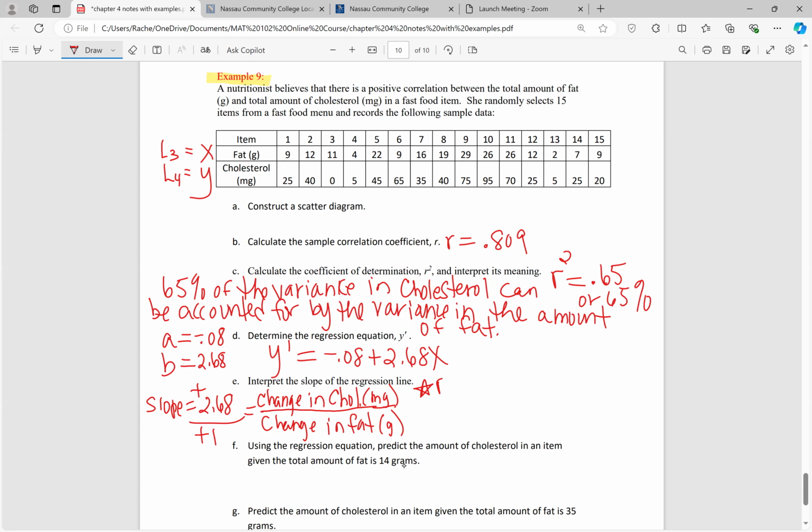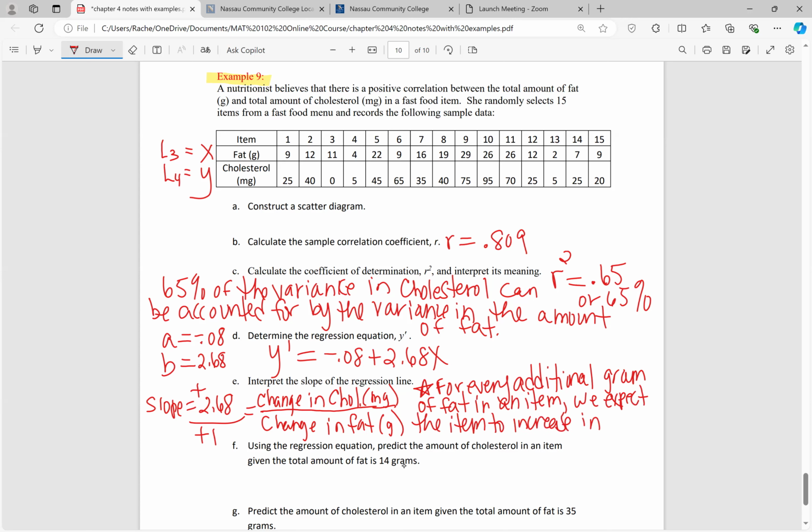So we would say for every additional gram of fat in an item, we expect the item to increase in cholesterol by 2.68 milligrams.